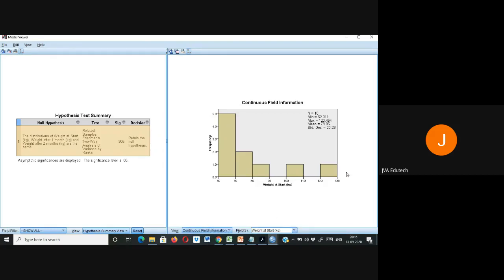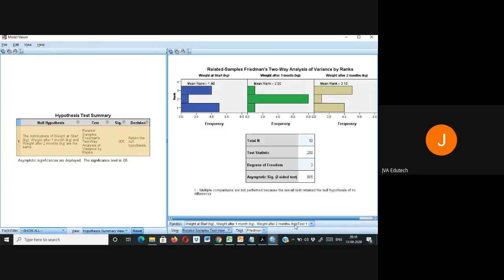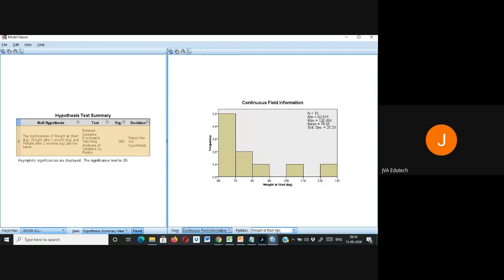Again, if you see this diagram, again it's not giving you any significant result. Weight at start, weight after 1 month, you won't see any difference.